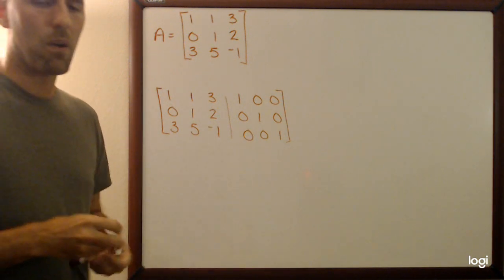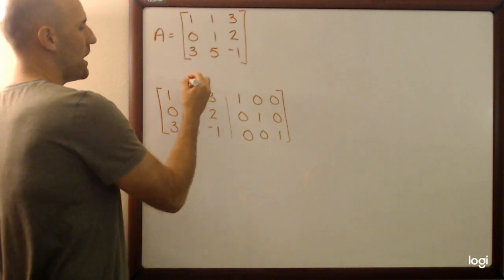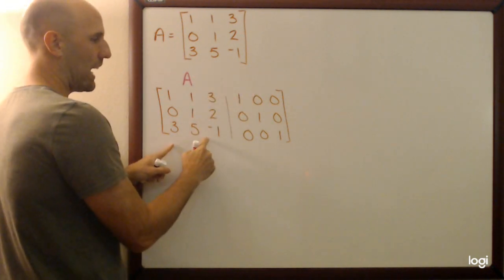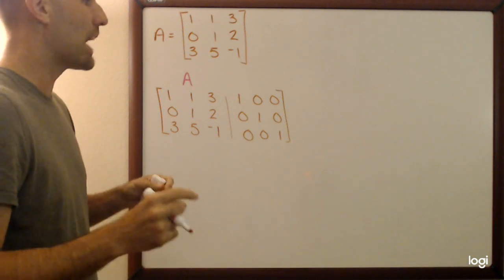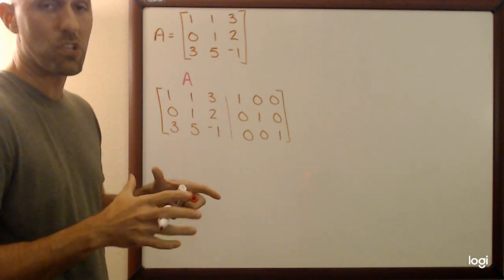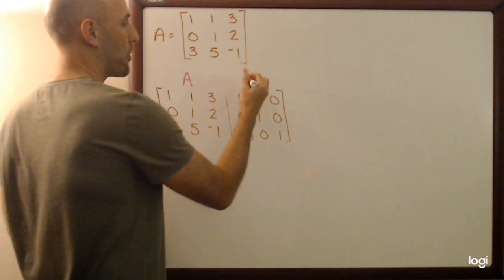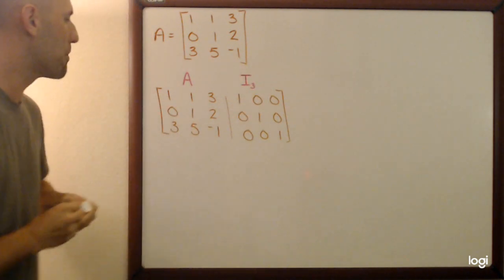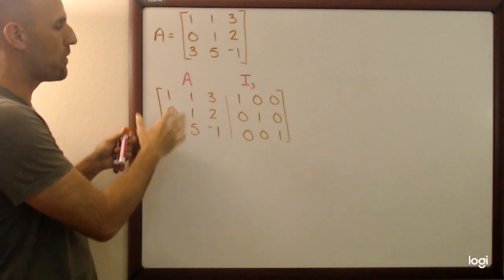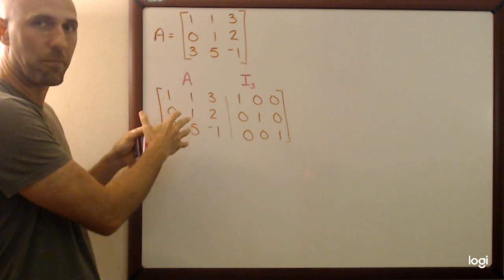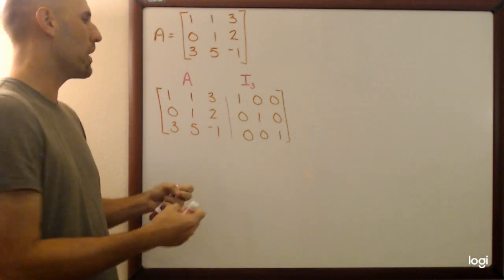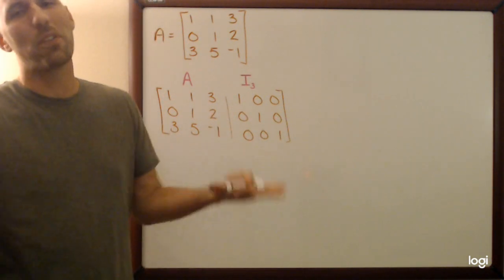Okay? Now, hopefully you're asking, why would we ever do this? Well, in a minute, I'm going to do a lot of elementary row operations to A. But I would like to do all of the same operations to I3 as well. So if, for example, I do A13 negative 3 to A, then I want to do A13 negative 3 to I. Well, if I just glue them together, then I can do everything all at once.